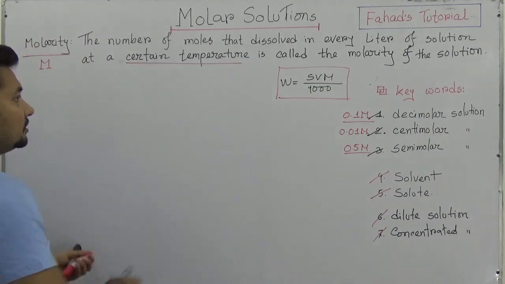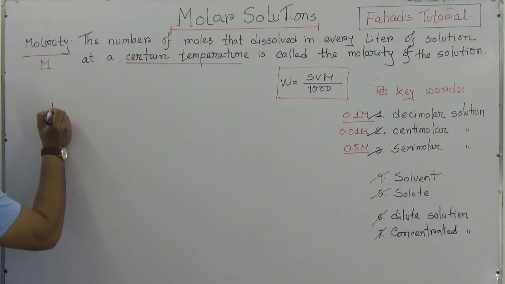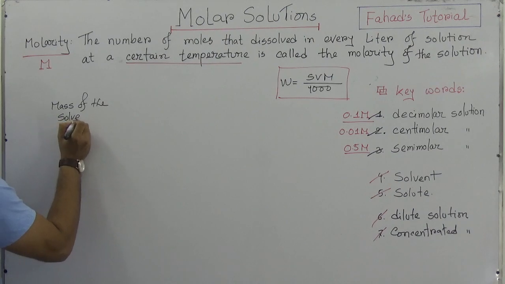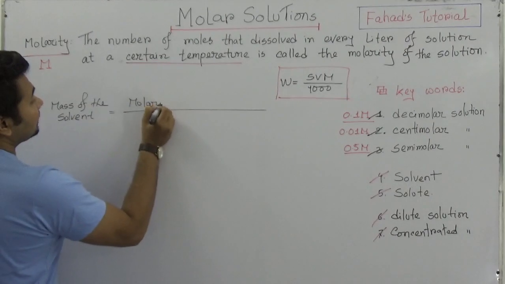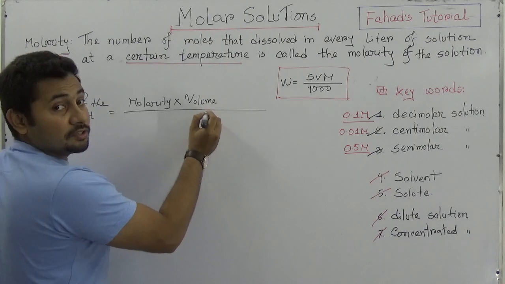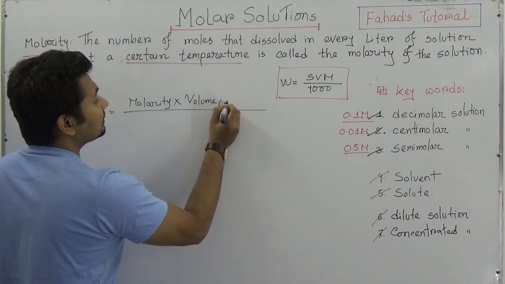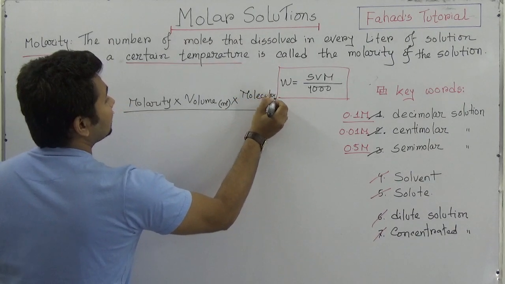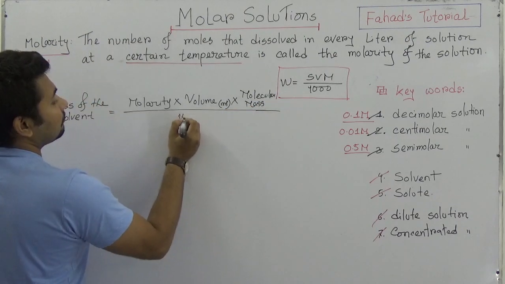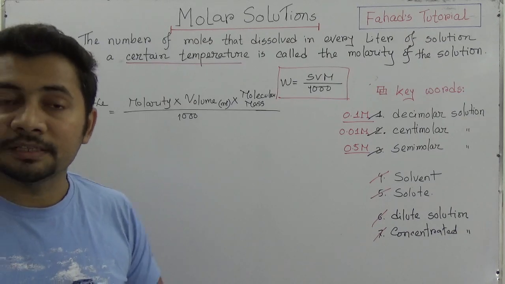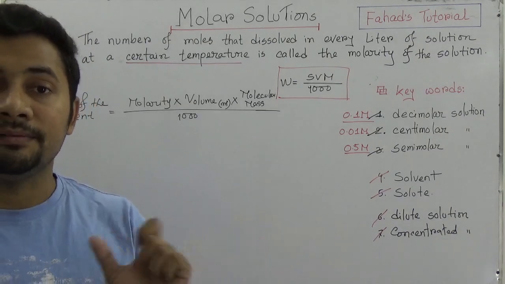So the mass of the solute is equal to molarity times volume of the solution in milliliter times the molecular mass, divided by 1000. Just remember one thing: W equals SVM by 1000.